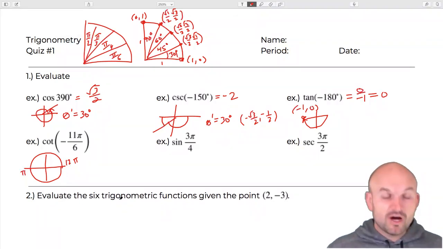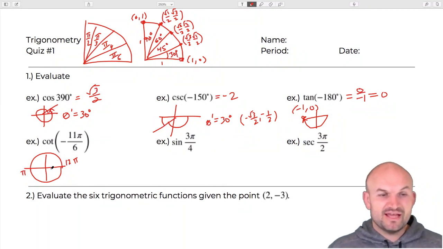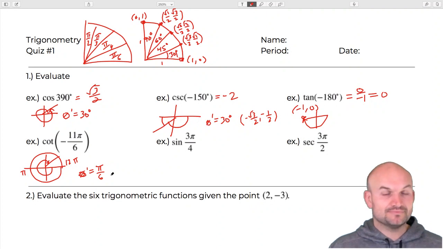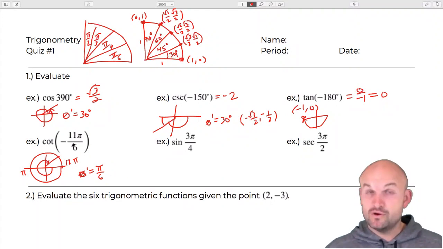So that's going to be 12 pi over 6. And we only went to 11 pi over 6. So that's going to be pi over 6 short. So we can say theta prime is pi over 6.